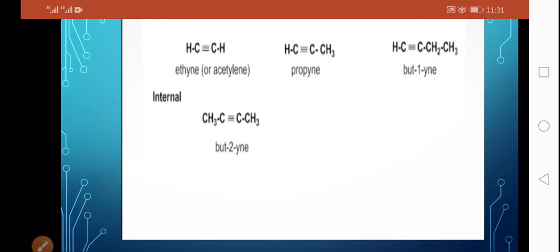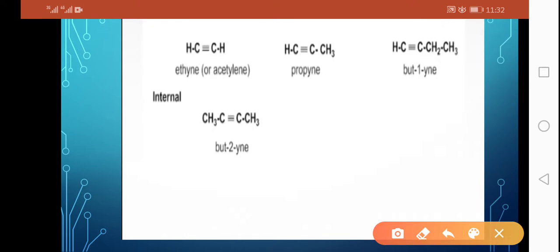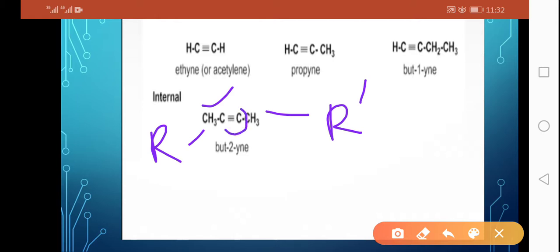And coming towards the example of internal alkynes, here you can see that we are having the example of but-2-yne. Here CH3 indicates the R group, and the second CH3 will indicate the second alkyl group. I just differentiated two alkyl groups to understand that in the internal alkynes we are having the triple bond present between carbon to carbon in between the two alkyl groups.